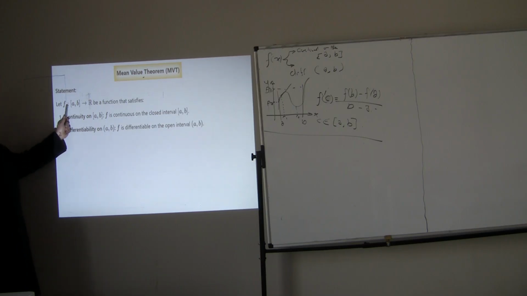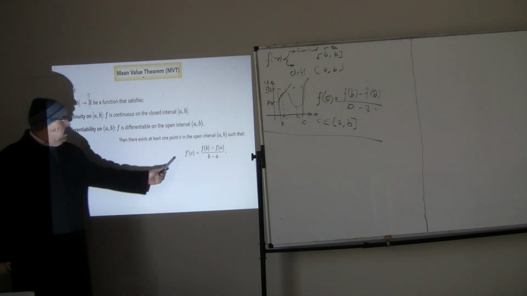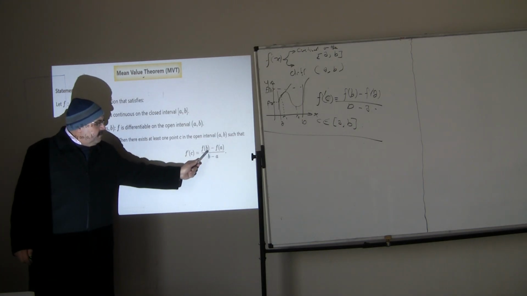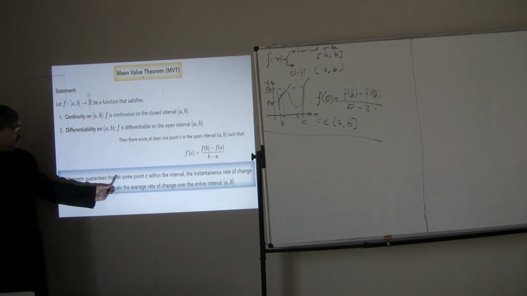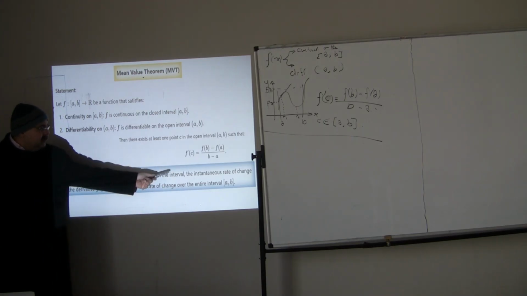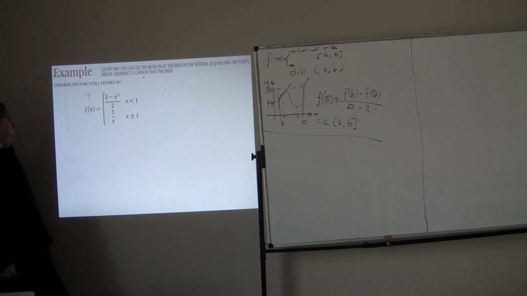Before you use this theory, you should be sure about these two points. What's going to happen? I can find f dash c, which equals f of b minus f of a divided by b minus a. The theorem guarantees some point c within the interval where the instantaneous rate of change, f dash c, equals the average rate of change.